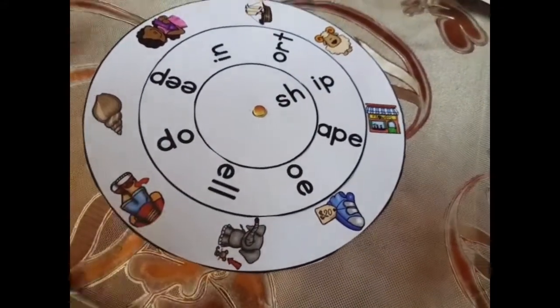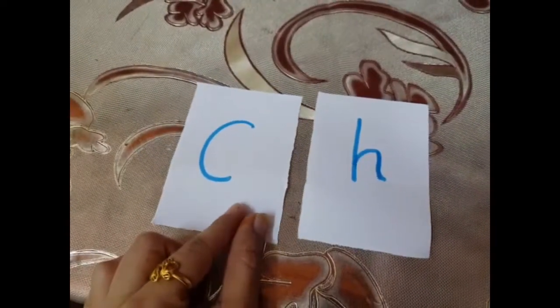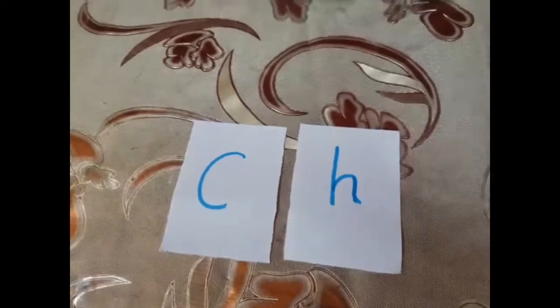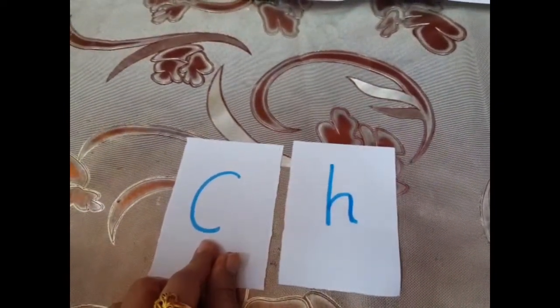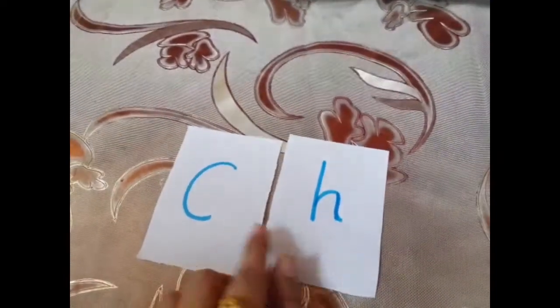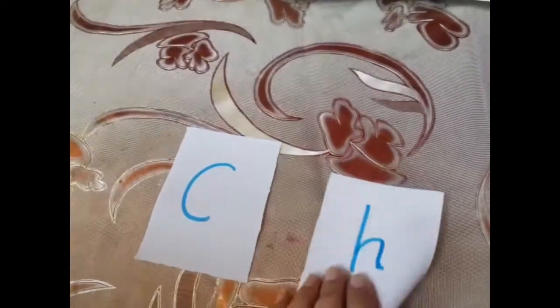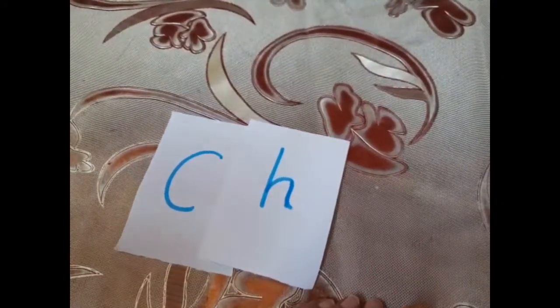Good, very good. Now the next digraph you are learning today is CH, okay? Now what is the sound of C? K. And the sound of H? So CH sound here is when you combine both of them, it makes the sound ch.